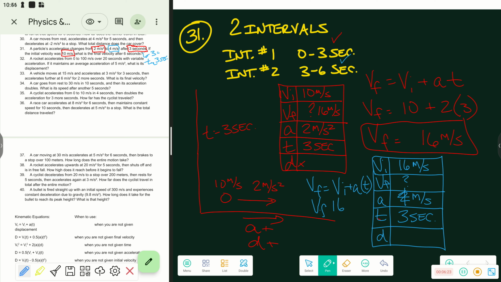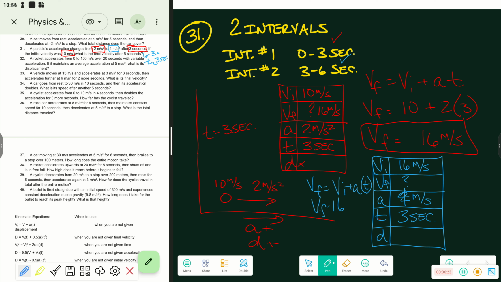VI is 16 plus 4 times 3. So it's 16 plus 12. Your final velocity is 28 meters per second. So the final velocity after 6 seconds is going to be 28 meters per second.